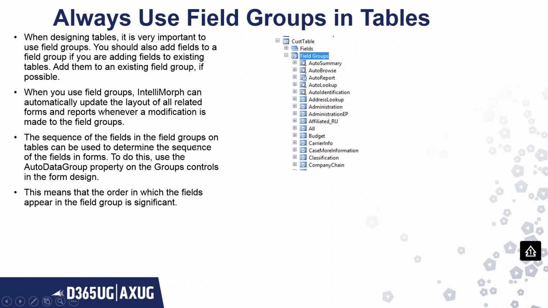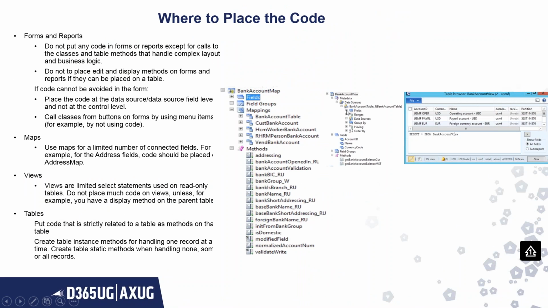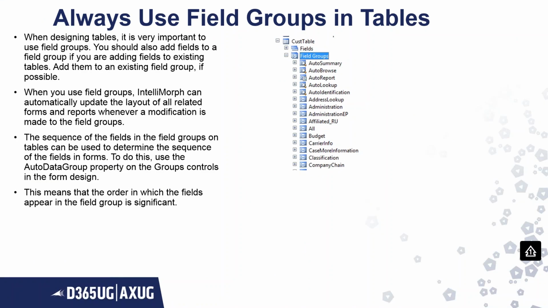The sequence of the field group can be used to determine the sequence of the fields in the form. For example, in the identification field group you have customer number, account number, and so on and so forth.